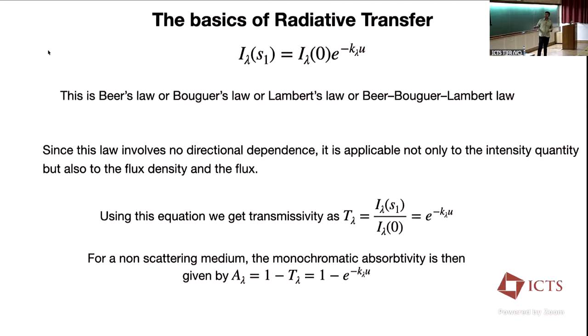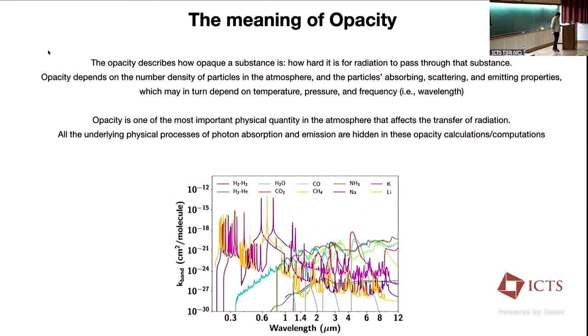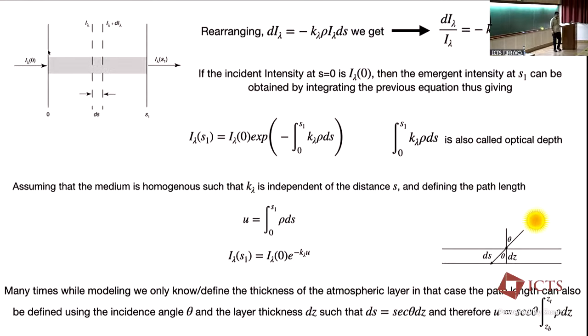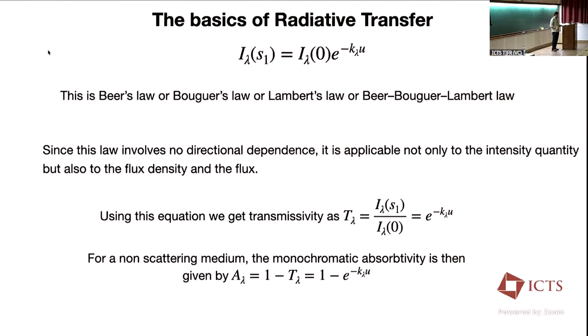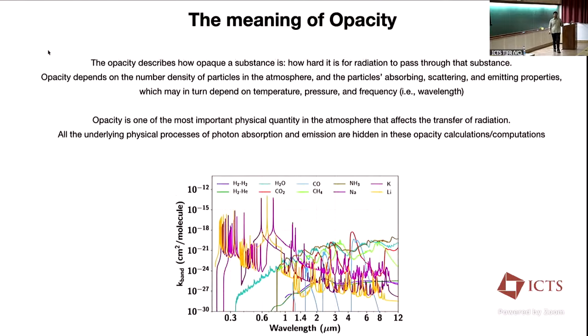From this basically we can get the transmissivity and absorptivity of the atmosphere. As I was saying, all the information of the planet's atmosphere is essentially embedded in this kappa rho ds, so it becomes very important to compute this very accurately. And this is where the term opacity comes in. What is the meaning of opacity?